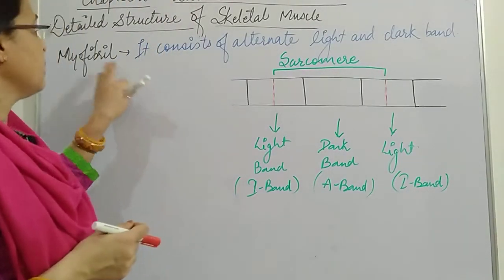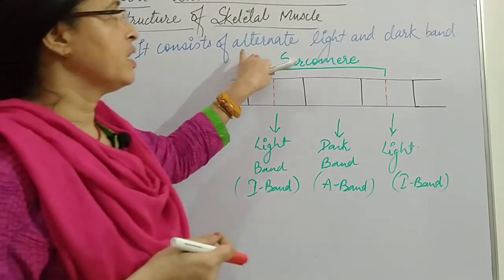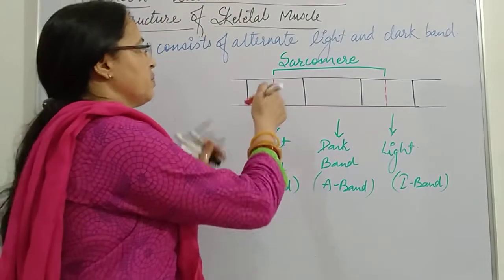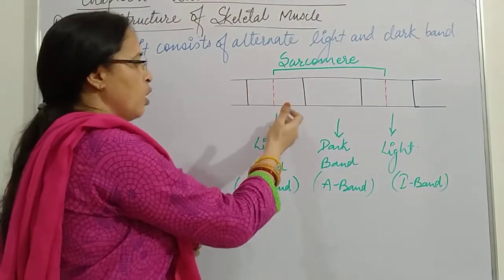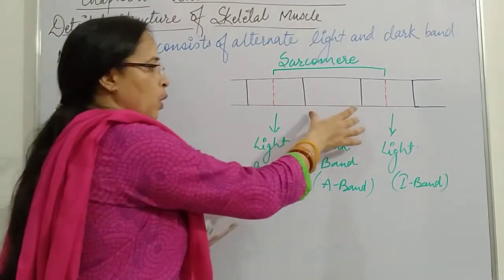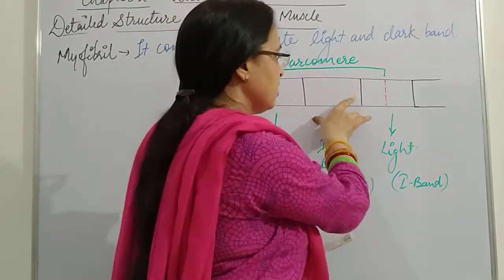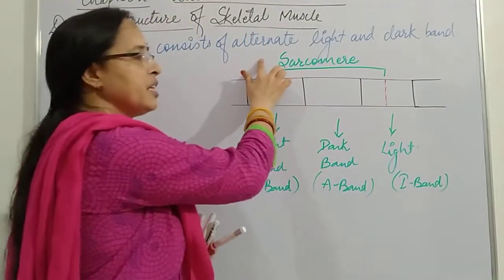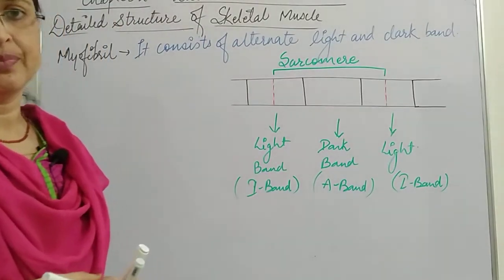You can see here that myofibrils consist of alternate light and dark bands. So what is there? I have marked half of a light band, one complete dark band, and again half of a light band. This is represented by the term sarcomere.